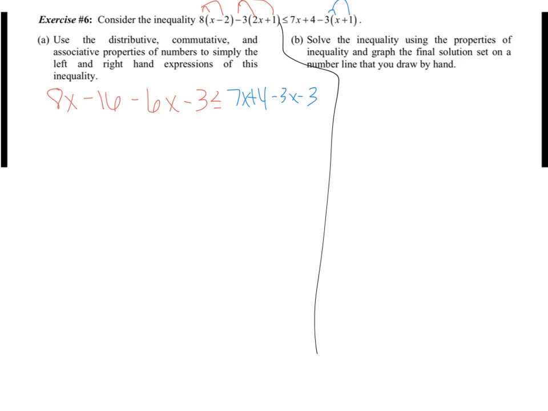Now we need to use the commutative and associative properties. So the commutative property would be put all of the x's together and all of the constants together.